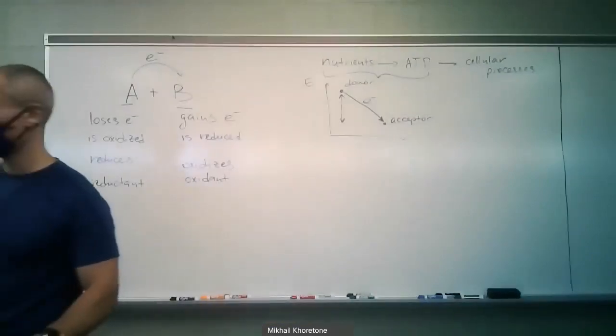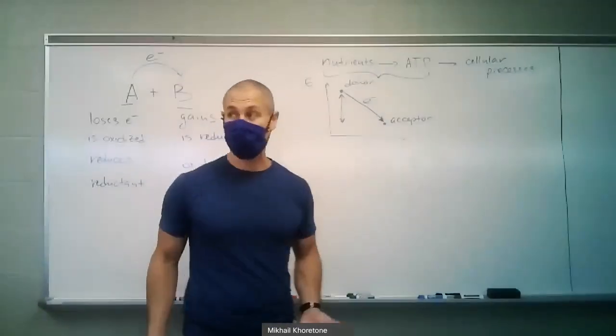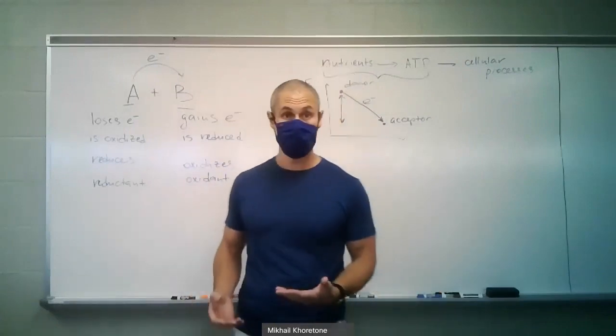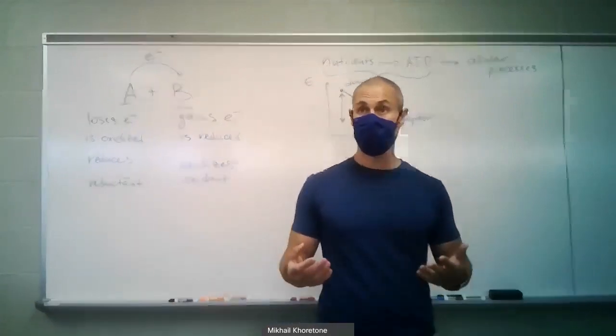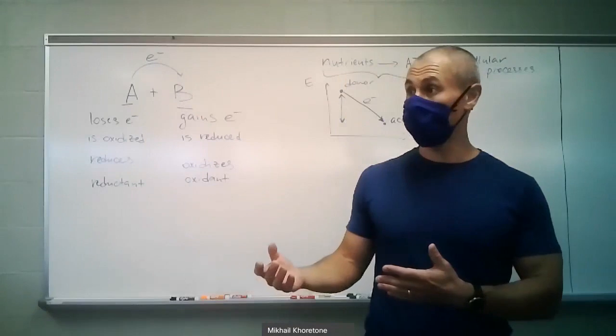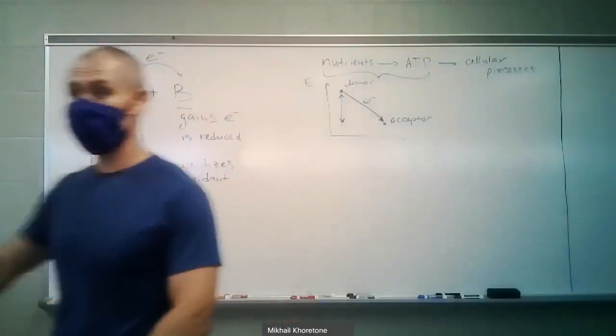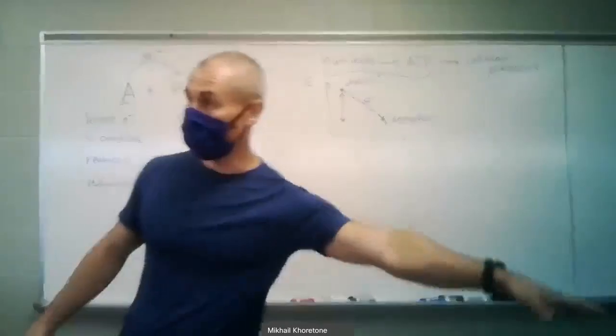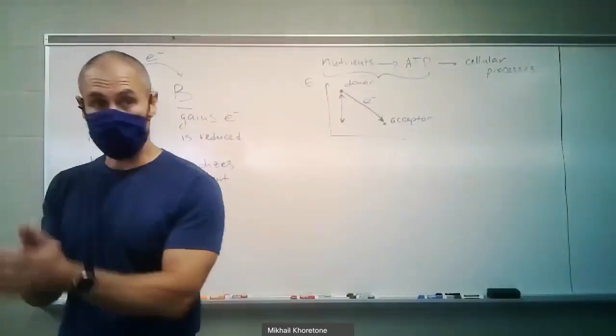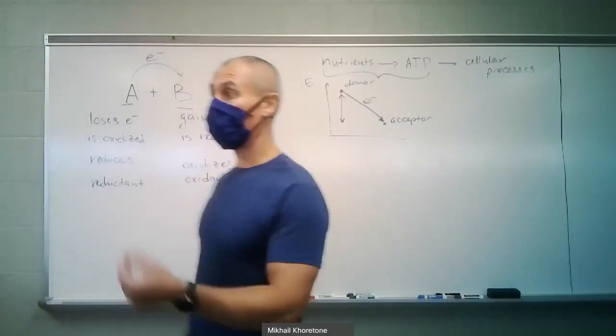Does that make sense? Electrons cannot exist by themselves. So they have to be transported, they have to be carried from one part of the cell to another, from one molecule to another. Is that clear? How do we do it?